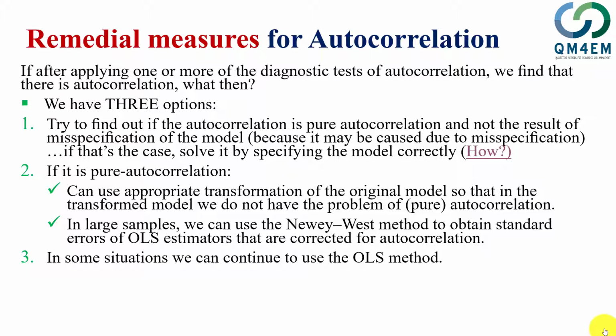Either we transform our original model into a model which does not have the problem of autocorrelation, but that's more valid for small sample sizes. In larger samples, we can use the Newey-West method to obtain the standard errors of the OLS estimator, and these standard errors are corrected for autocorrelation. So these are the two options if we have pure autocorrelation. Then we have the third case, in which we can still use the OLS method when the problem of autocorrelation is minor.